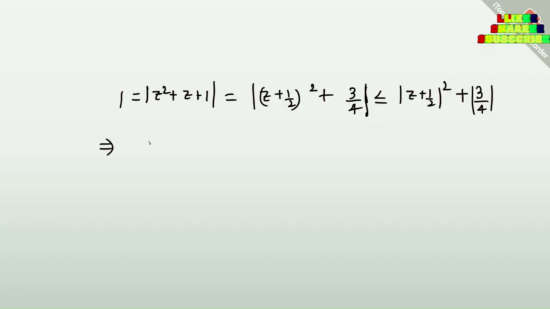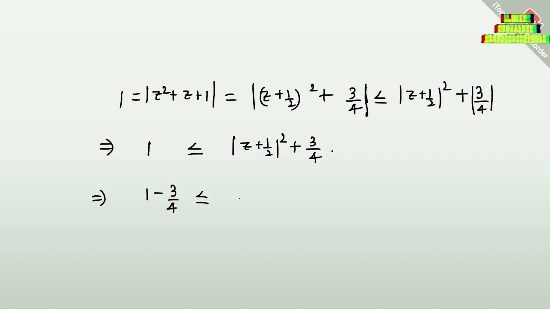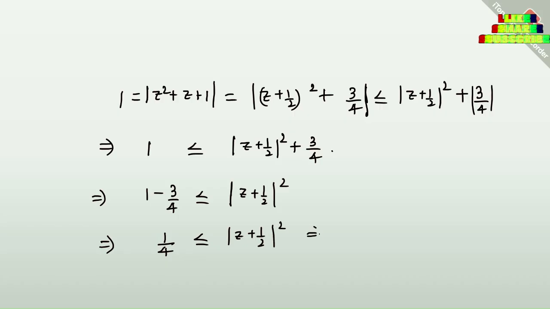Now what we have obtained, 1 is less than or equal to mod of Z plus half whole square plus 3 over 4. Now this can be written as 1 minus 3 over 4 is less than or equal to mod of Z plus half whole square, and this is equal to 1 over 4 less than or equal to mod of Z plus half whole square, and this implies 1 over 2 is less than or equal to mod of Z plus half.